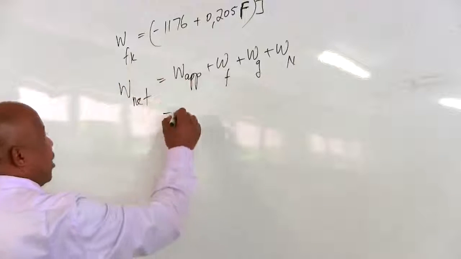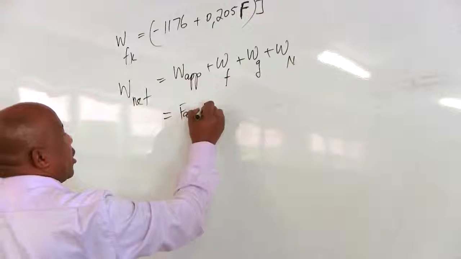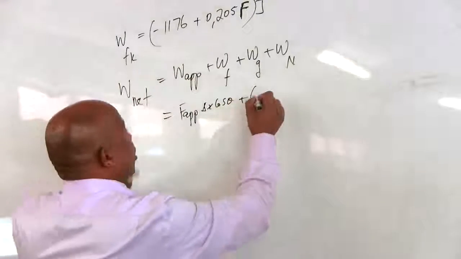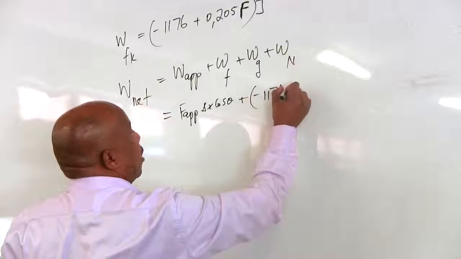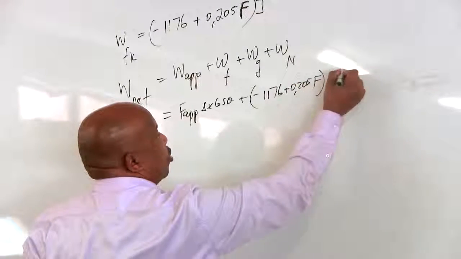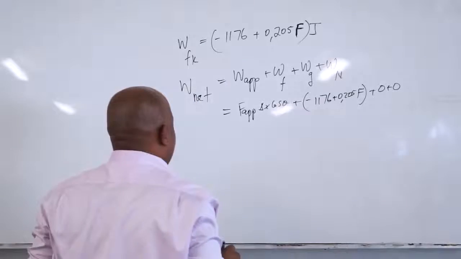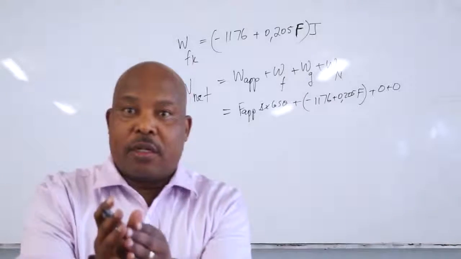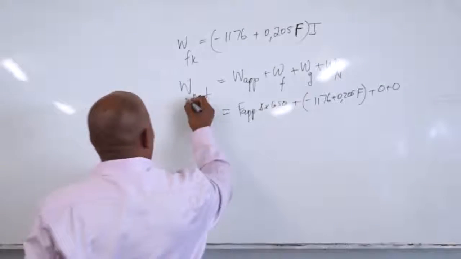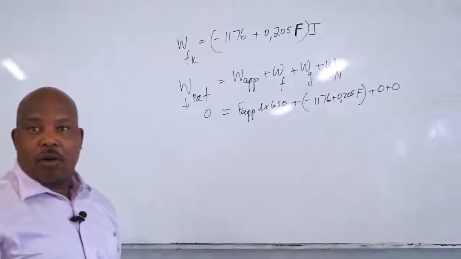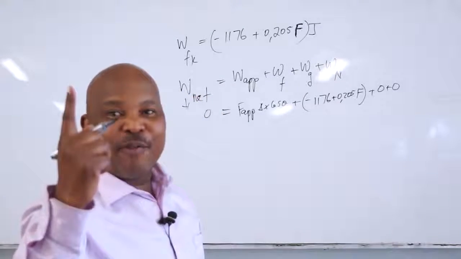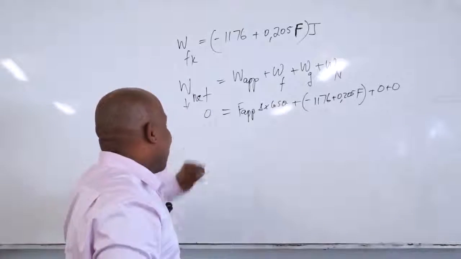The W applied will be F applied delta x cos theta plus this one, we put minus 1176 plus 0,205 F. The other two are 0. But there was something very interesting in the question. They say the net work done is 0. What does that mean? It means on the W net you put 0. Why? Remember, you want F, so you cannot have 2 unknowns. You should have 1 unknown.